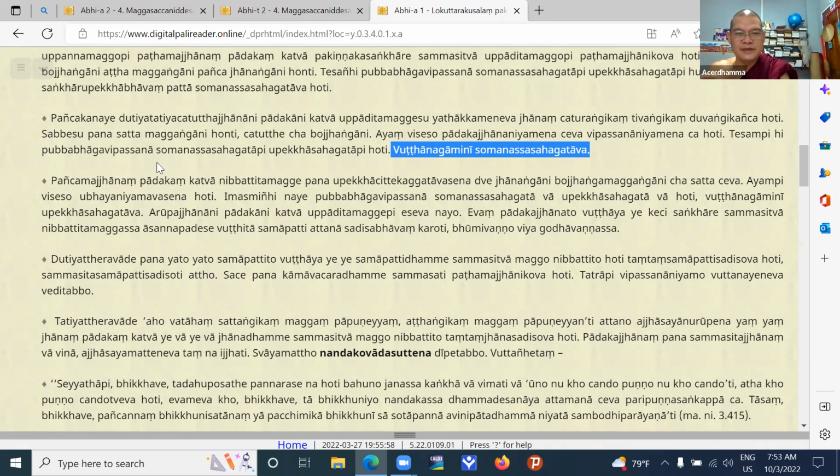But during the Uttana Gamini, the top of the Vipassana Jnana before the Magga Jnana, this Vipassana Jnana must be associated with Somanasa only. You clear with this? Yes, Sayadaw.